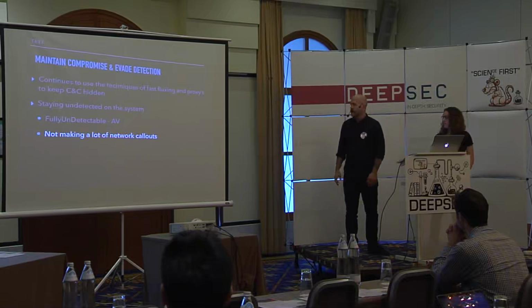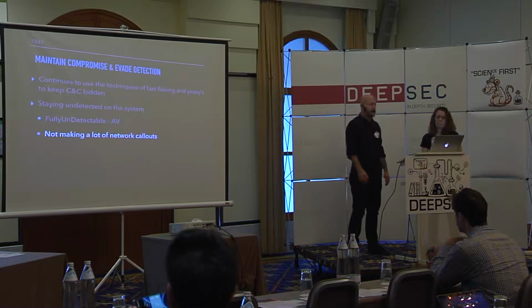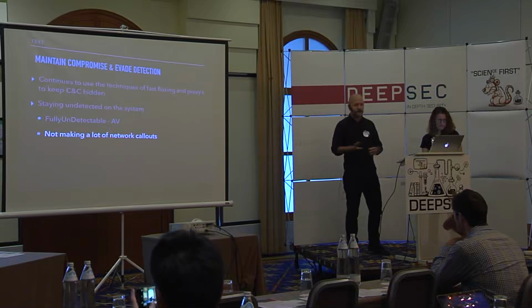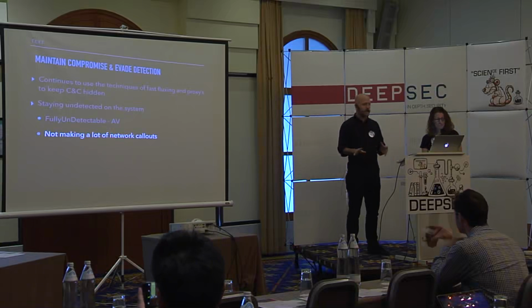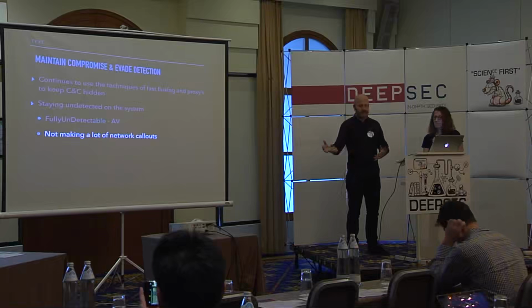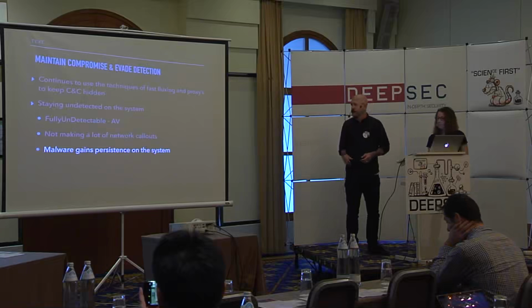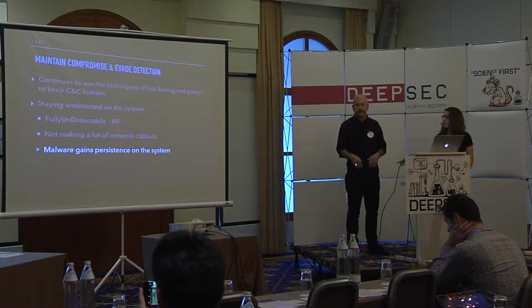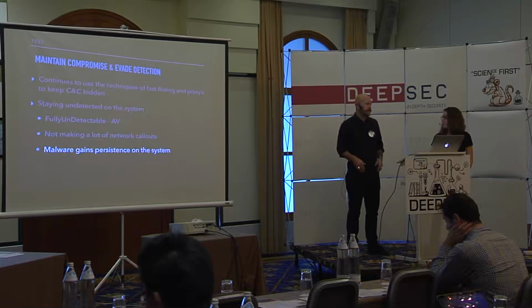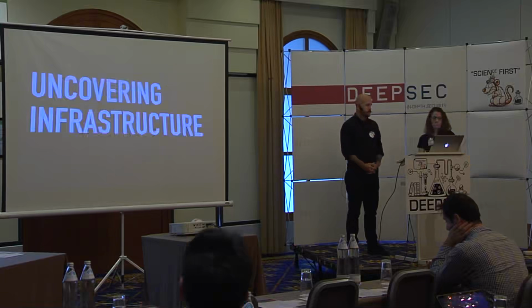In some cases, they won't make a lot of network callouts to the actual CNC, because they don't want to ruin it and get that CNC blocked. And of course, it'll gain persistence, so it might set up a task or a registry entry. That's pretty much just Windows systems, but that's what we're covering.